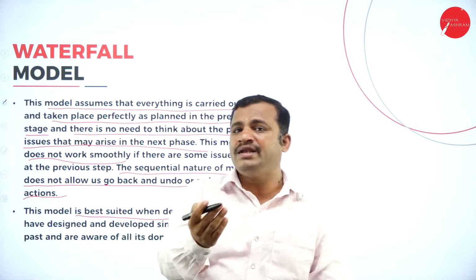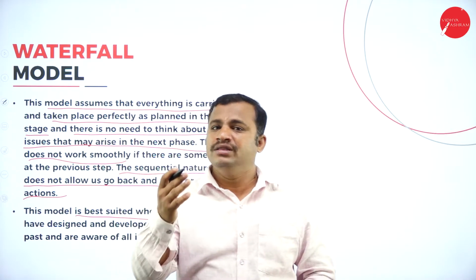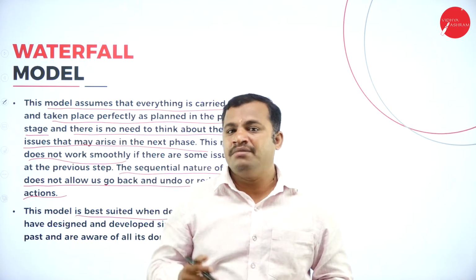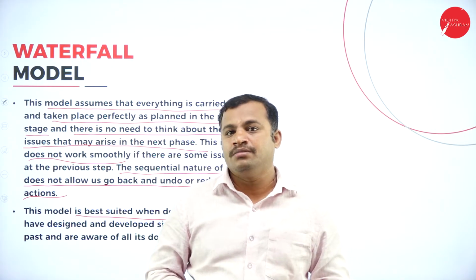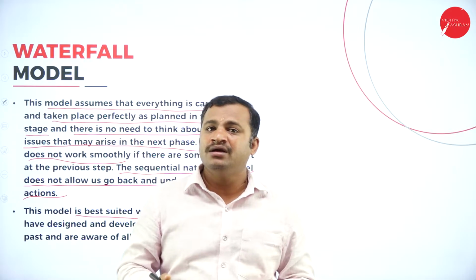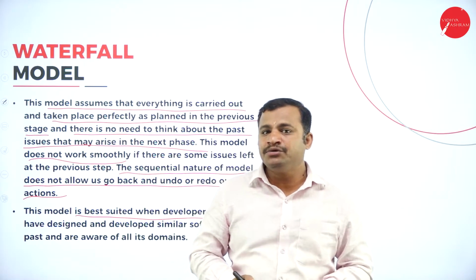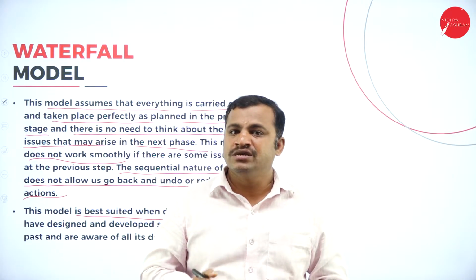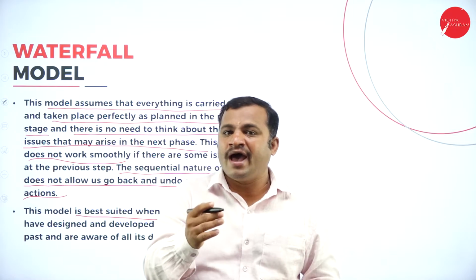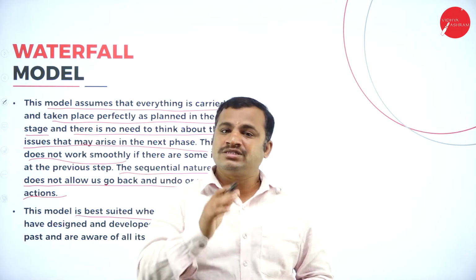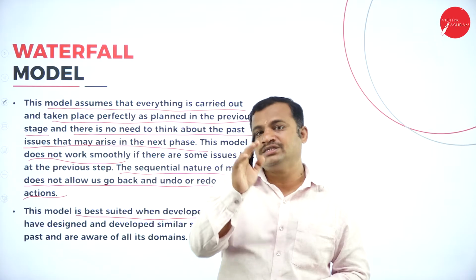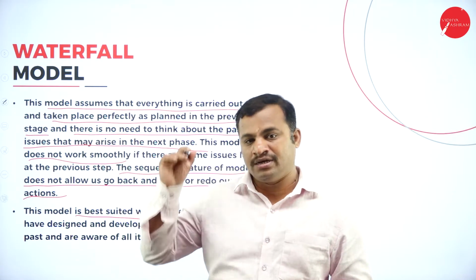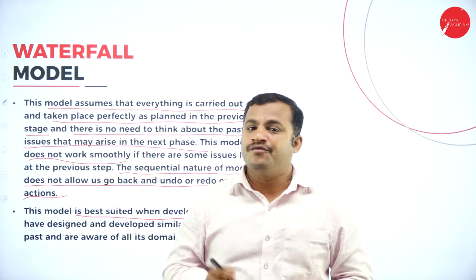If they have already developed similar software earlier, then they can go ahead and make use of this waterfall model, because they are aware of it. They have the capability to complete the software development of a product when they have already completed a similar software product. Then it is okay. Otherwise, it is very difficult to adopt the conventional waterfall model.